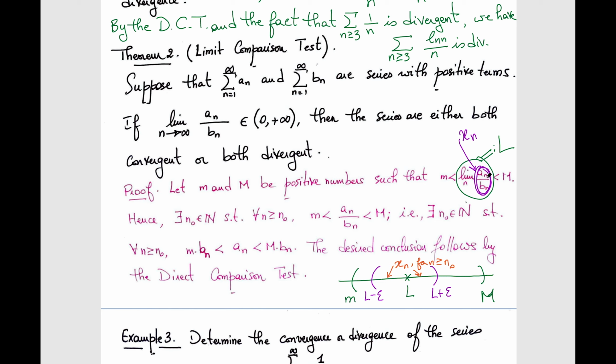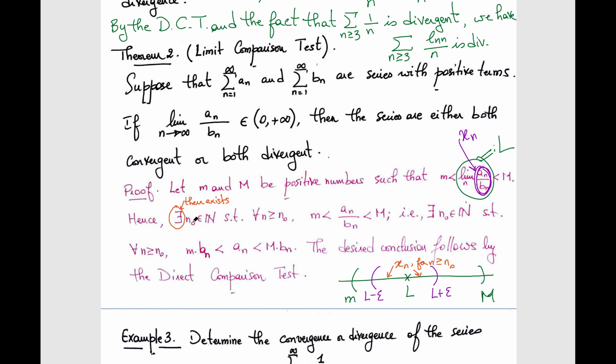Correct? And what's x_n? It's this quotient. So this quotient, a_n over b_n, is going to be in between little m and capital M from a certain rank on. And this is what this next line is saying. This symbol here means there exists, and as we said, this one means for all. I said it before.